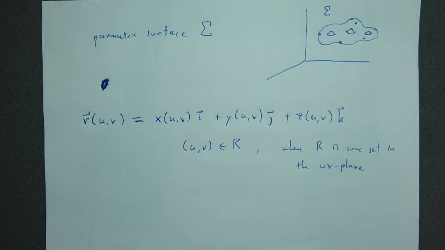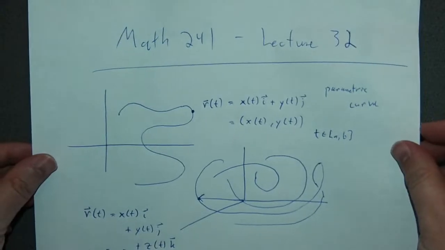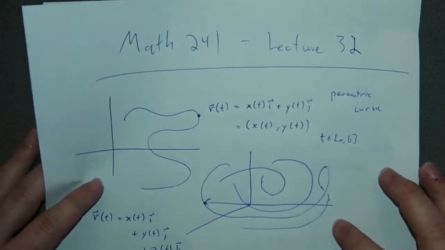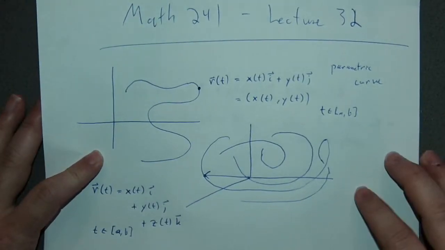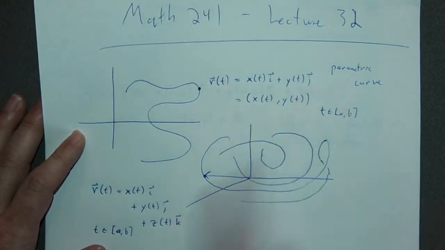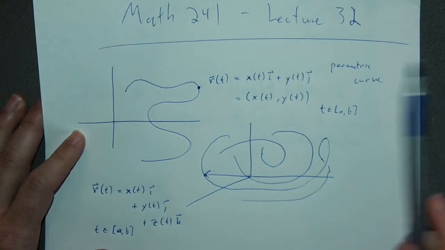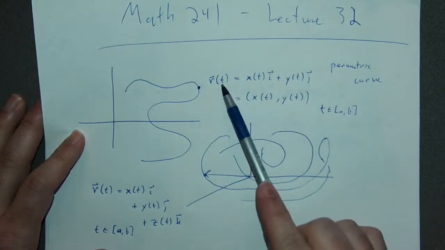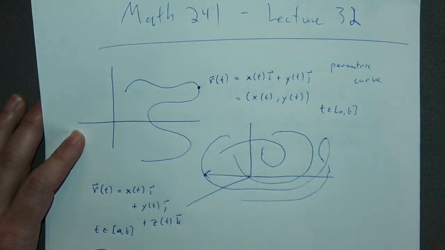Okay. So let's think about this for a second. Now, let me bring back my previous drawing, what we did for curves. First of all, what was one of the trickiest things about dealing with a parametric curve versus thinking of it as a function? Kind of the trickiest thing that students have a hard time getting over is this parameter t, where is it?